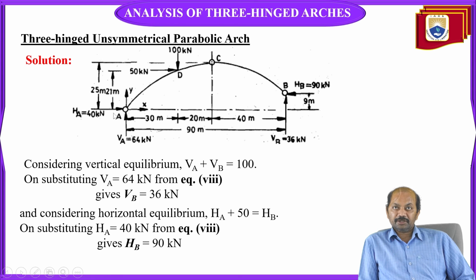The reason is HA is in this direction, and the 50 kilonewton is also in the same direction. That is why we added here. Both directions are the same, so we have taken positive values. HB is in the opposite direction. On substituting the HA value, we get HB as 90 kilonewtons. That is written here.